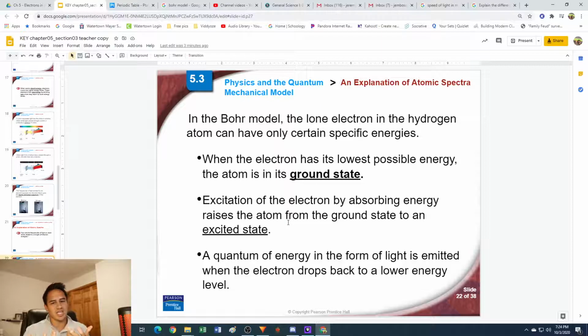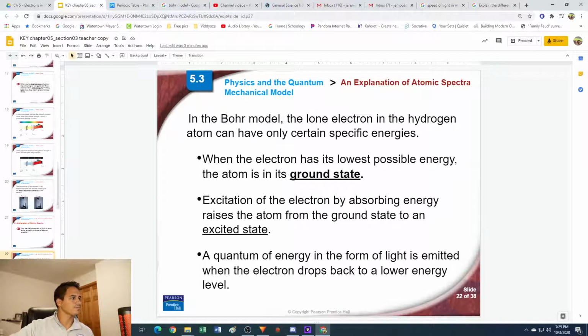You can excite the electrons by giving them energy either through heat or electricity or sunlight or some kind of energy form. The electron absorbs energy and jumps to an excited state, or a higher energy, and then when it drops back down to its ground state, it will release that specific amount of energy, again known as a quantum, and the amount of energy it gives off will pertain to a particular color of light.